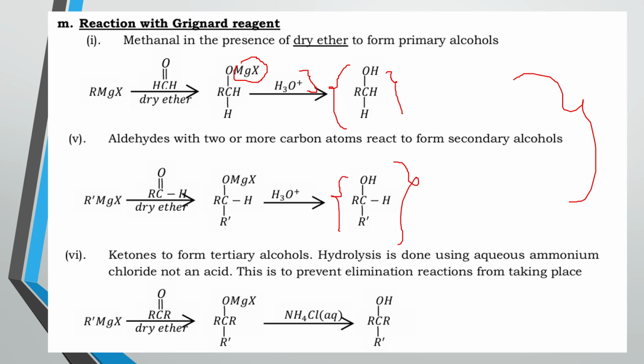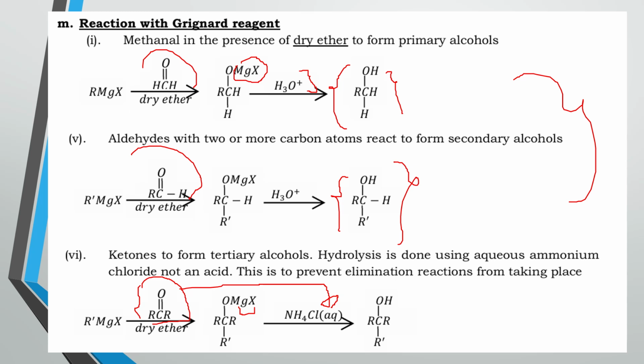But for ketones, we have been using aldehydes so far. If you're using a ketone and you want to increase the number of carbon atoms in your chain, and you want to remove your magnesium halide, when you use the ketone in the first reaction, then the hydrolysis for that reaction is going to be done using ammonium chloride.